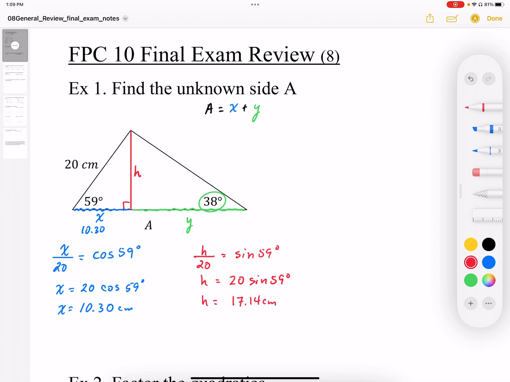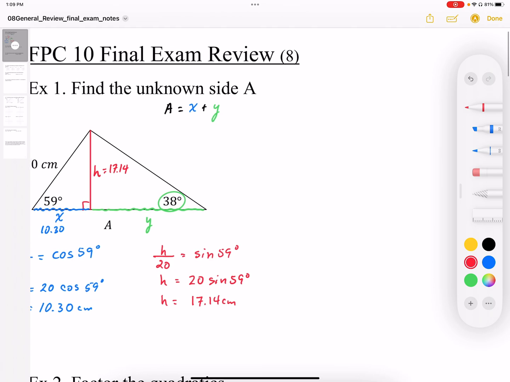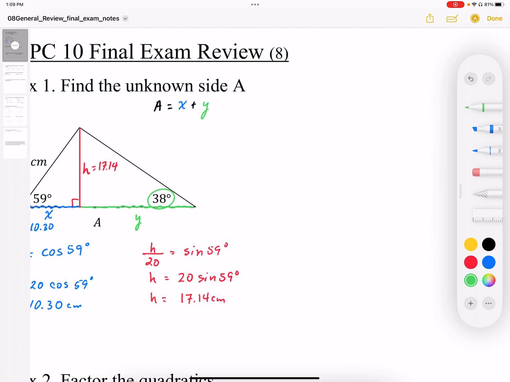Now I have this one side on the right-hand triangle, and I have the angle of 38 degrees, so now I can work out the length of y. For the length of y, I'm going to use the height and y, so it's the opposite and adjacent sides.